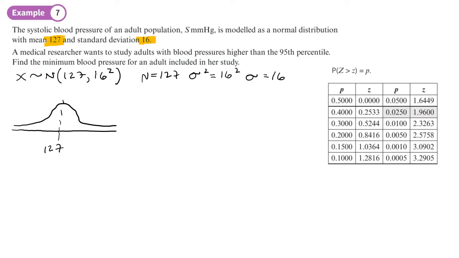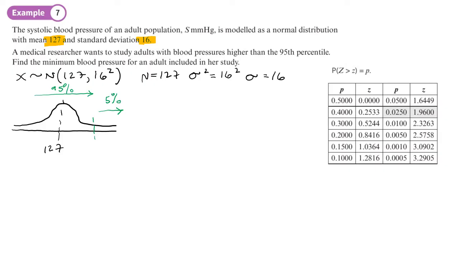It doesn't say a particular blood pressure, it just says the 95th percentile. Basically that means the area up to here needs to be 95%, which means that the area over here is 5%.